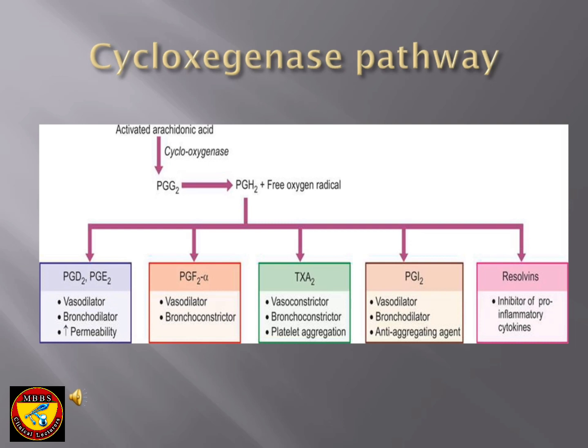It gives many other metabolites like PGD2, PGE2, which are vasodilators, bronchodilators, and increase permeability. Further are PGF2 alpha, thromboxane TXA2, PGI2, and resolvins. These are the different metabolites.